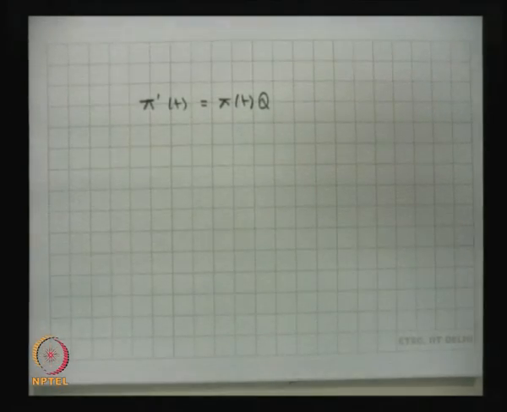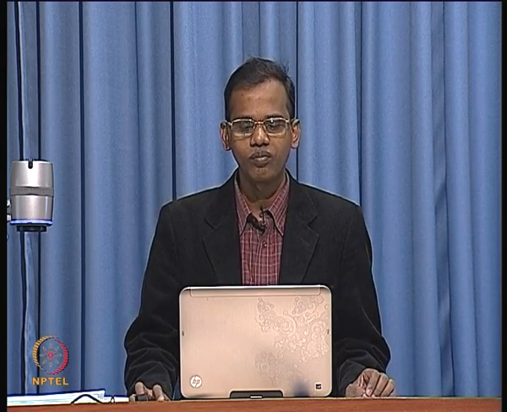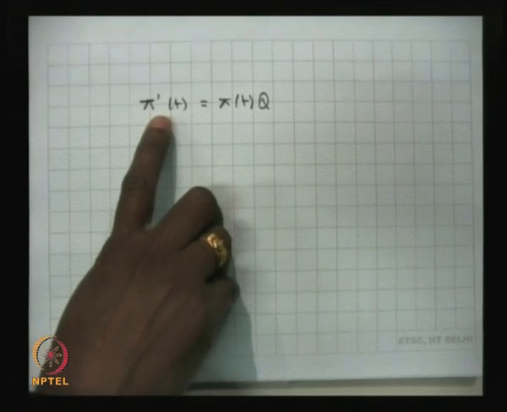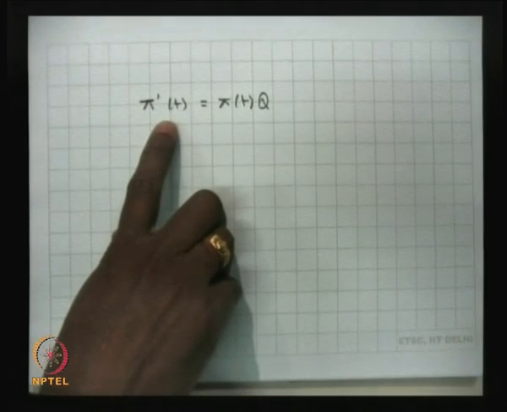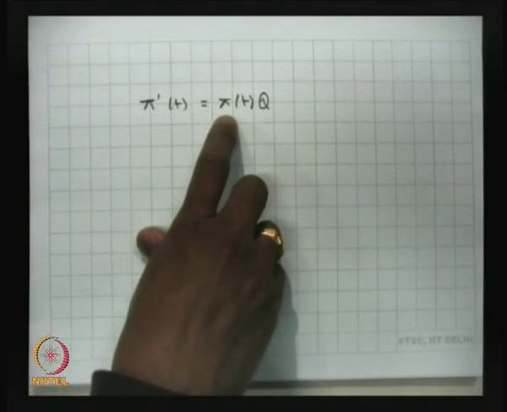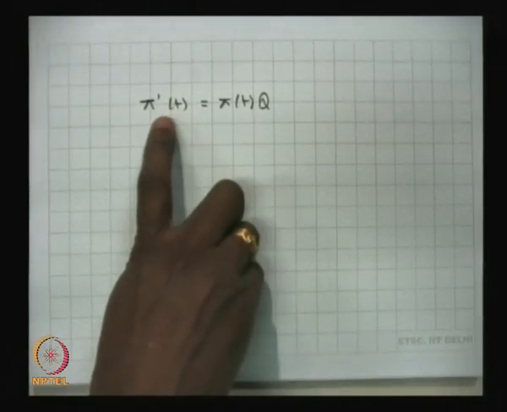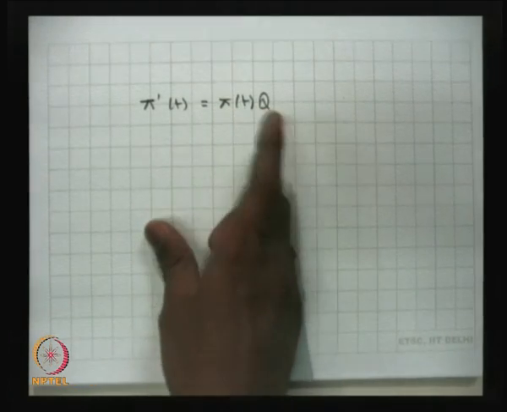Take the forward Kolmogorov equation, then use the Laplace transform for each pi n of t. Here pi of t is the distribution of X of t, therefore this is a vector and this is a vector, and Q is the matrix, not as I said wrongly before. So this is a vector and this is a vector and Q is the matrix.